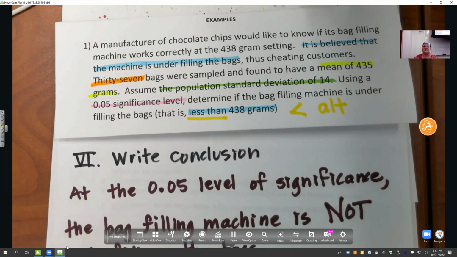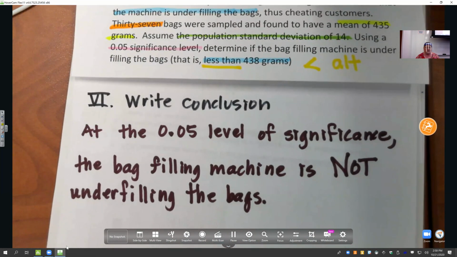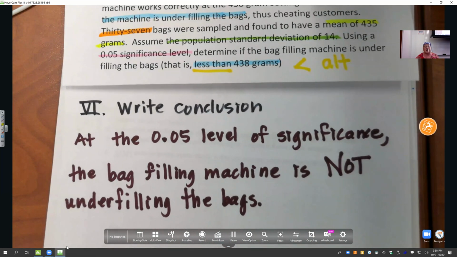Y'all with me? That usually kind of gets students right there making that sentence. But it's always written in terms of the null hypothesis. And we proved that it's not underfilling based on the data that we had.